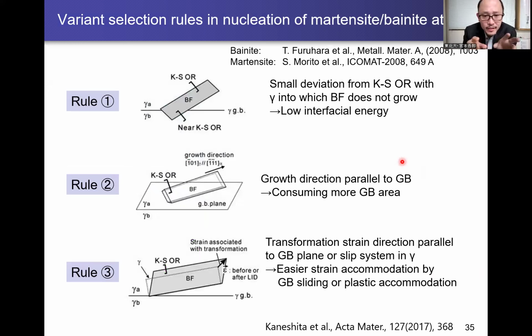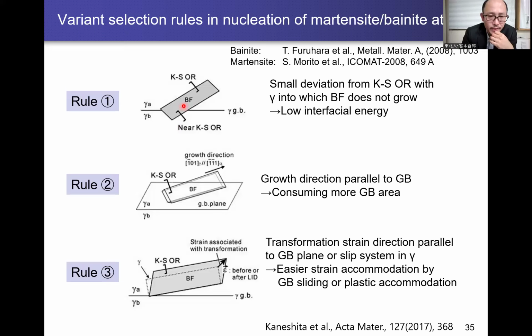Then the selected variant is analyzed based on these three rules. These are the variant selection rules reported by Professor Furuhara. The first rule is related to the orientation relationship between bainitic ferrite and the austenite behind the bainitic ferrite.